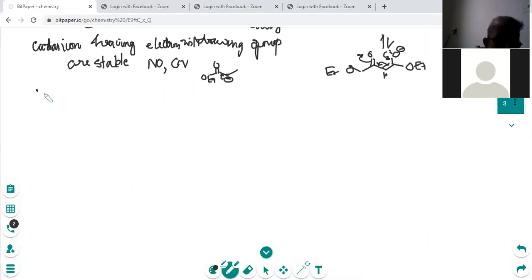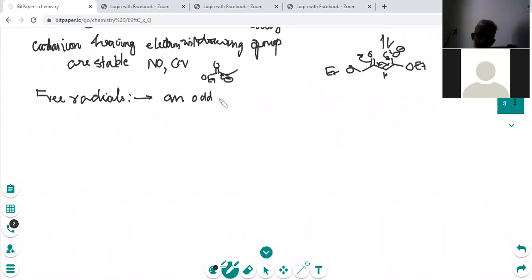Free radicals contain an odd electron in that species.